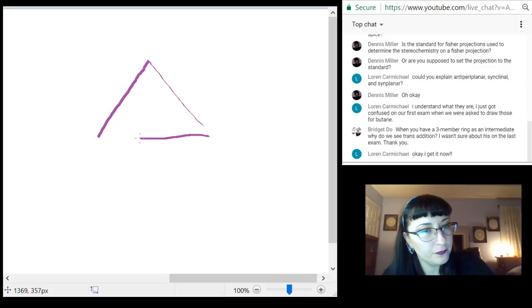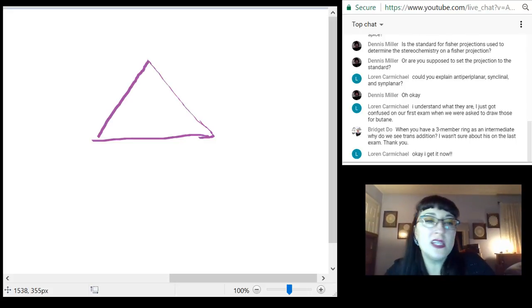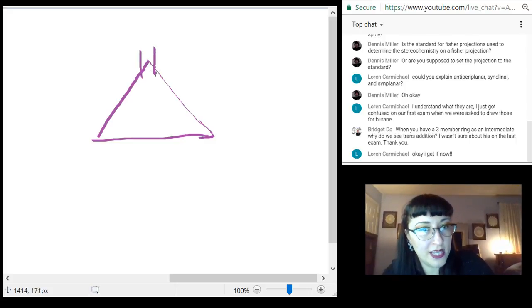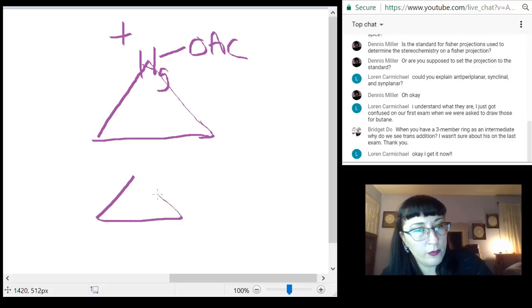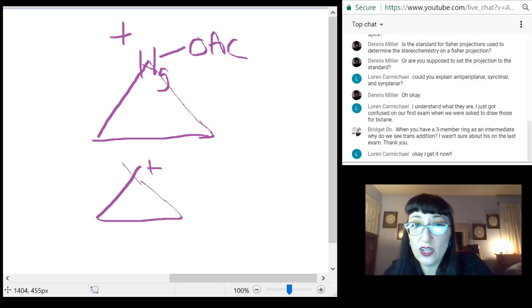Okay. So let's say this is some sort of transition state. So, Bridget, let's think of the different transition states we've looked at that look like this. Some of them had mercury with acetates on them, right? Some of them had some sort of halogen that was a halonium ion attached.